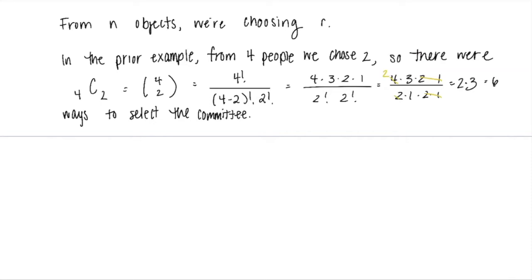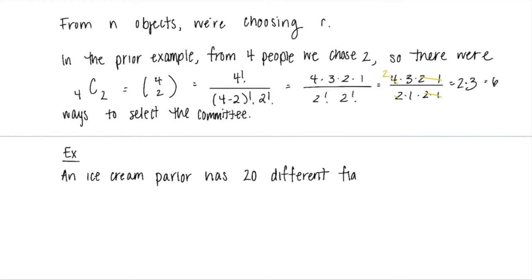So let's try another example. Suppose you go to an ice cream parlor. An ice cream parlor has 20 different flavors. You order a banana split and have to select 3 flavors.